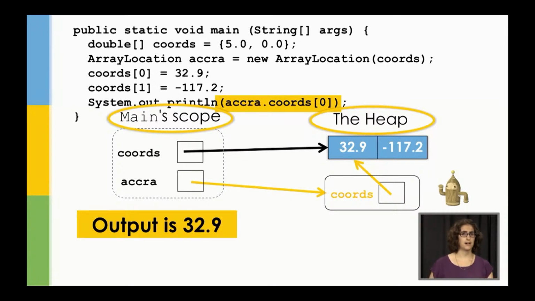Okay, pause and think. There's something weird happening, right? We wanted to store in the accra object the coordinates of accra. But then we were able to do something outside that object, without any setter methods, without going into the variables of that object, and we were able to change the value of the instance variables in that object.